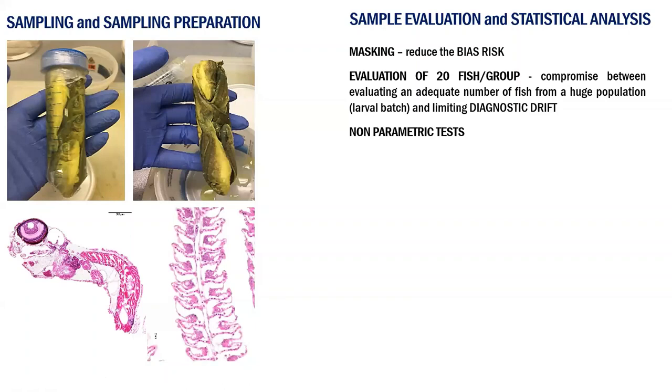The semi-quantitative scoring system depends on the judgment of an evaluator, exposing the evaluation to some level of bias that can skew the final data and conclusions. Therefore, some precautions have been taken in order to constrain these biases.